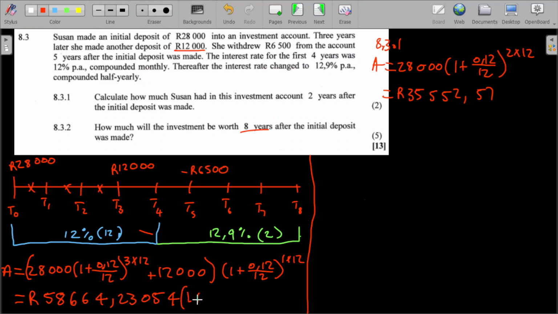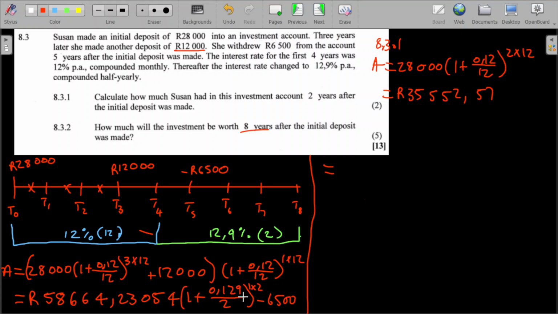So for the first year, this amount accumulates interest at 0.129 compounded half yearly, so it's 1 times 2, minus the amount he withdraws, which is 6,500.